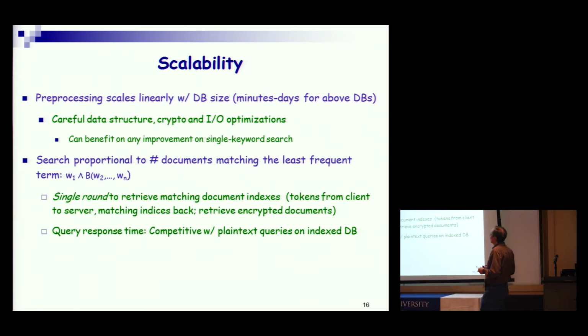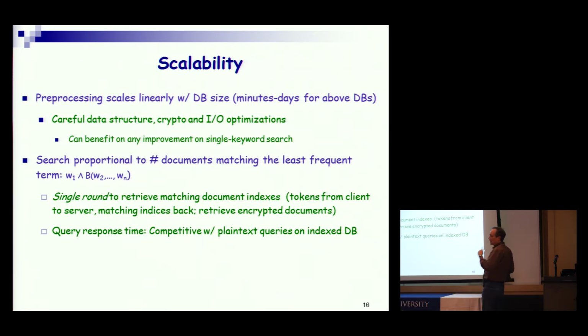The search part is proportional to the number of documents that match the least frequent term in an expression. Basically, if you can write an expression like W1 and any Boolean function of W2 to Wn, these are keywords, then the search will be proportional to the number of documents that match W1.